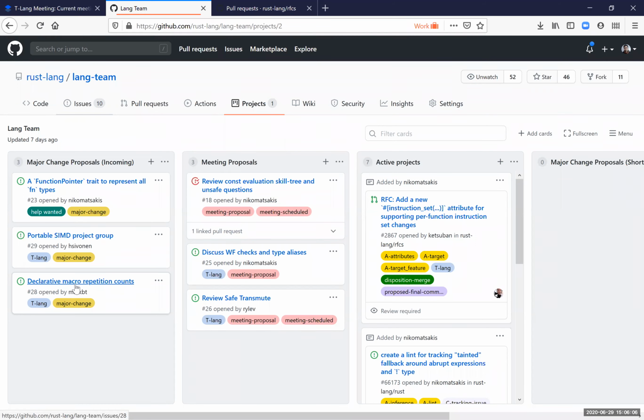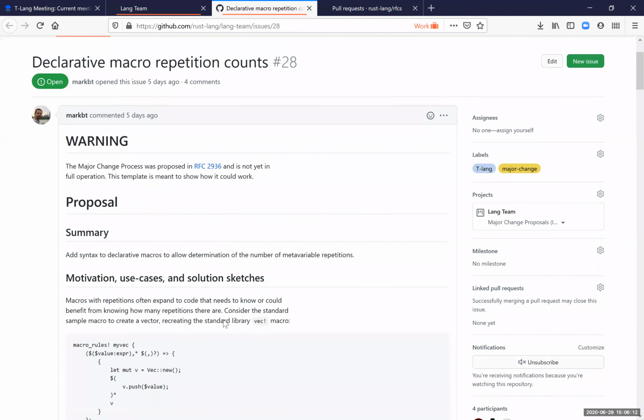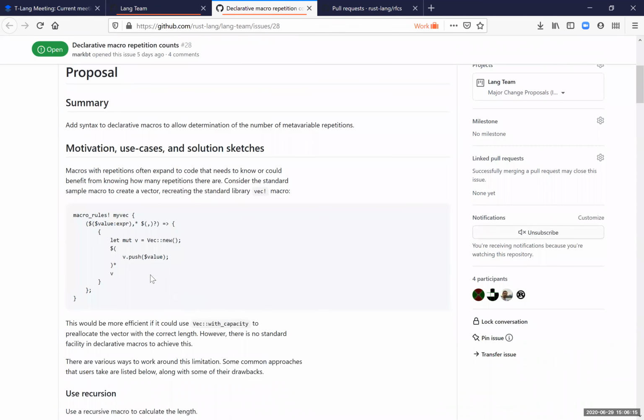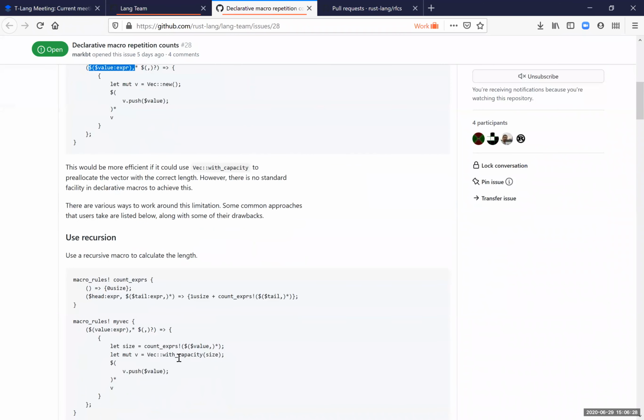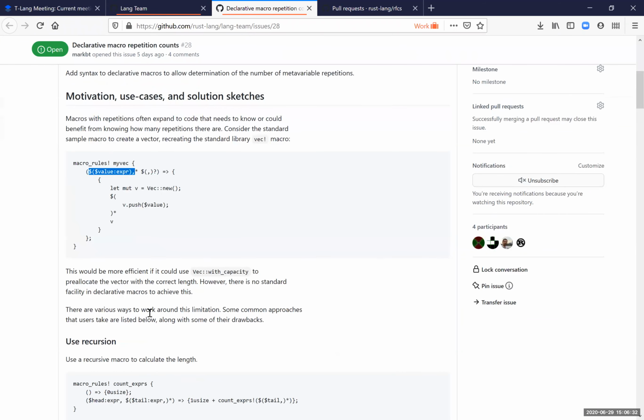If someone has some interest in that, what this is about is basically giving someone a way to find out how many instances of $value there are in a vector when this thing matches. I think the actual proposal that they have is something like $#value. I don't know. Anyway, there were another couple of comments, but it might be interesting.